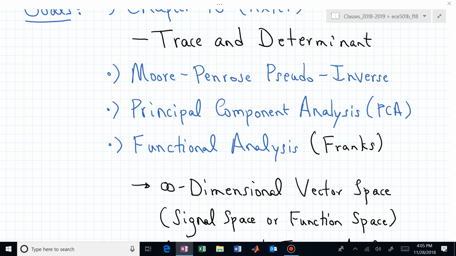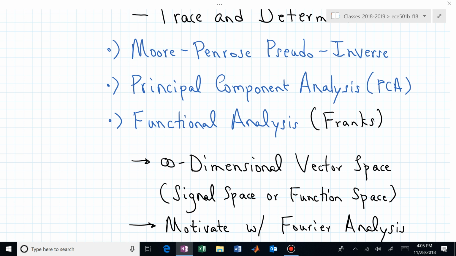So in that sense, maybe PCA may not be directly covered, but I could give you some new topic on the final, meaning you need to be able to figure that out based on the foundational work that we've covered in the class. And so now looking at that through the lens of what we've covered so far, that's what I want to sort of give you a feel for today. Okay?